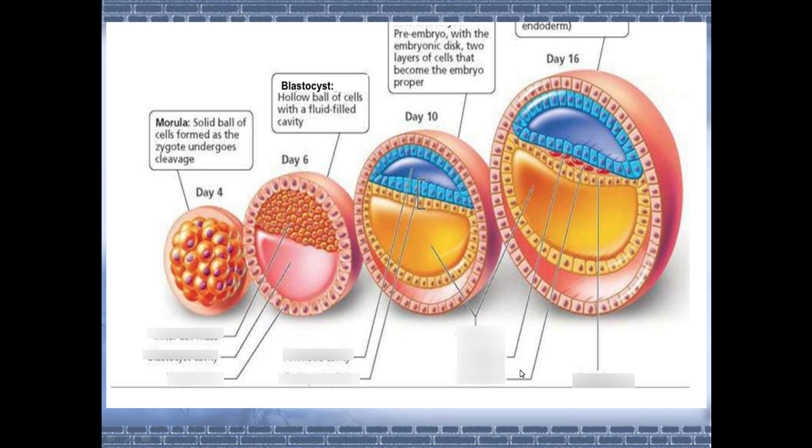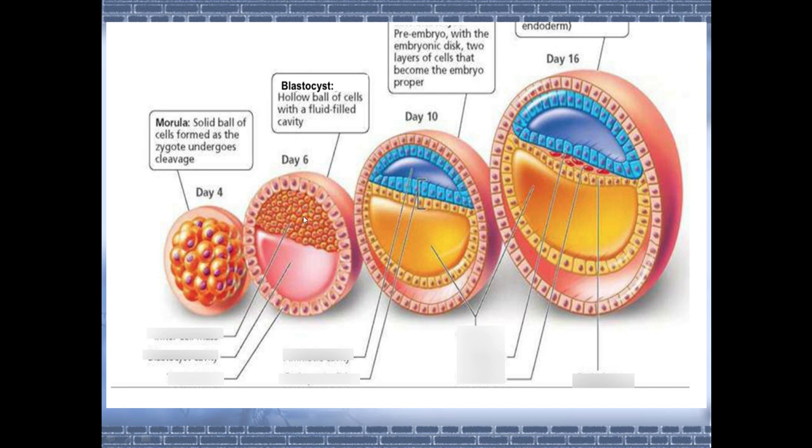Let's see now. You are clear with the formation of the morula, that is a solid ball of cells. The zygote undergoes cleavage. Then there is the formation of the trophoblast and the inner cell mass. This inner cell mass undergoes certain changes.